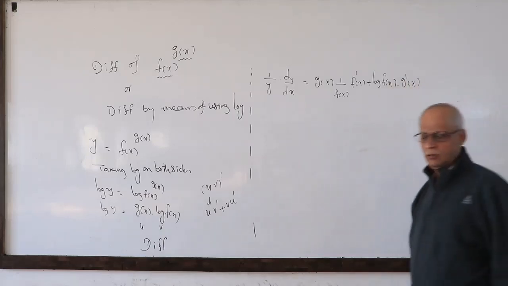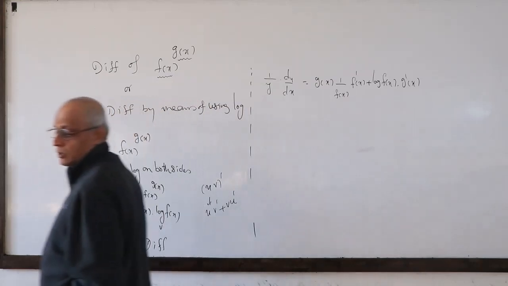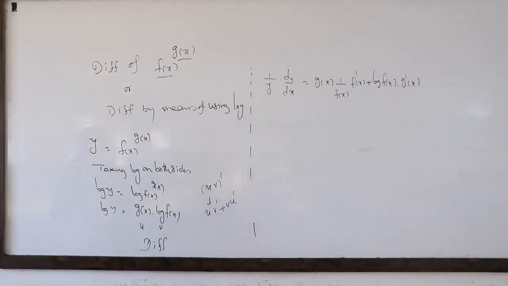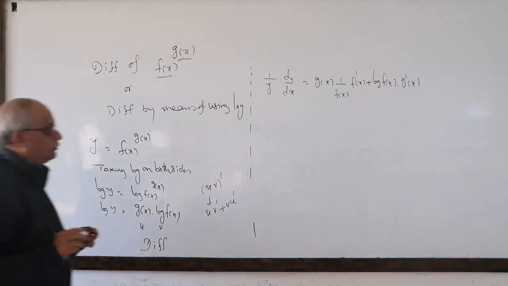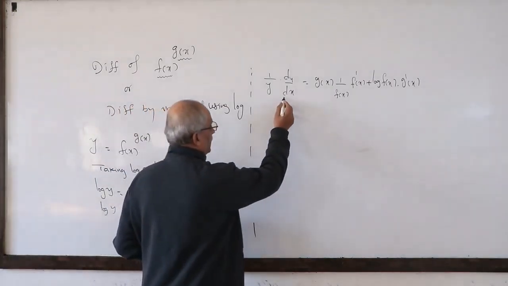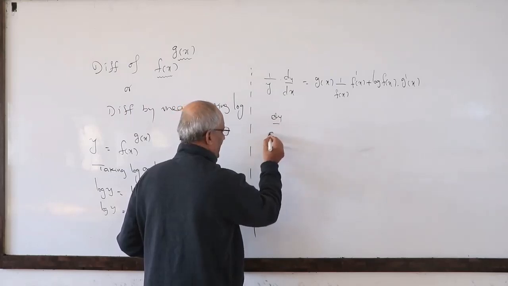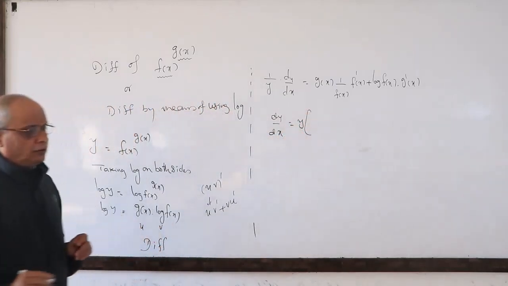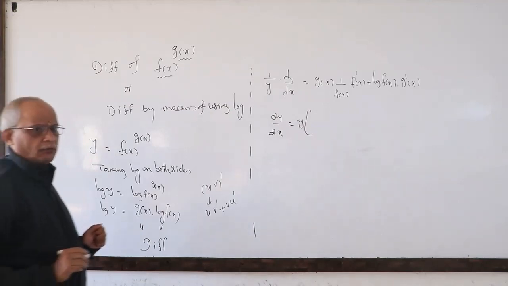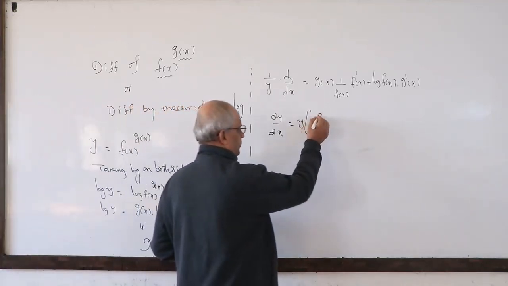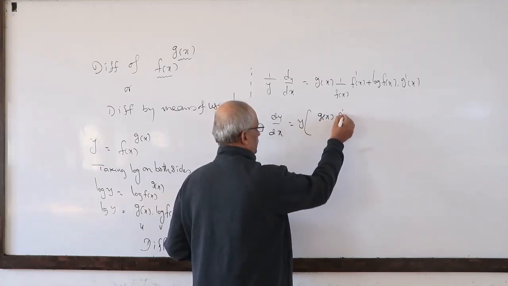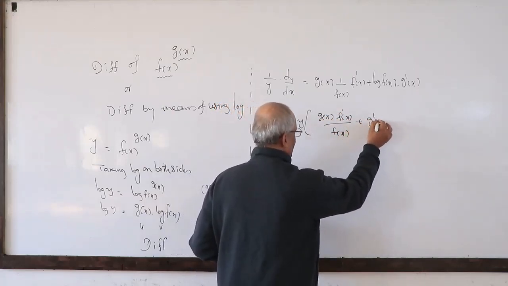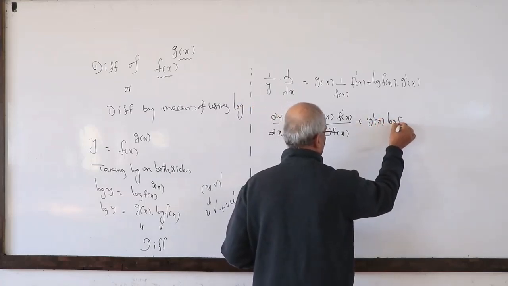RHS also complete, but the total solution is not finished. What to do? We need only dy by dx. Y cross multiply. Then dy by dx equals y times g of x into f dash x by f of x plus g dash x into log of f of x.